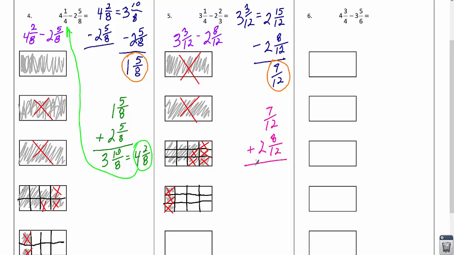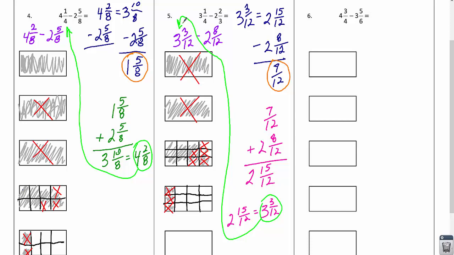We are going to get 2 and 15/12. And we said earlier 2 and 15/12 was equal to the 3 and 3/12, which was our common denominator form for the 3 and 1/4. So we know we did it right. We can be confident with the 7/12.